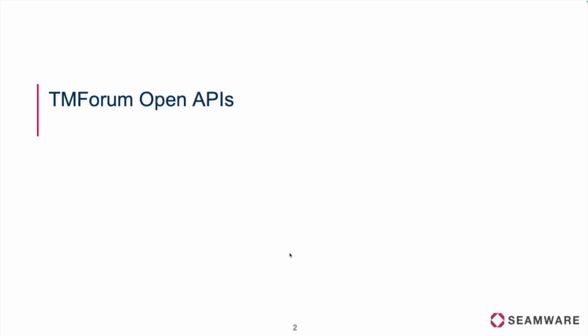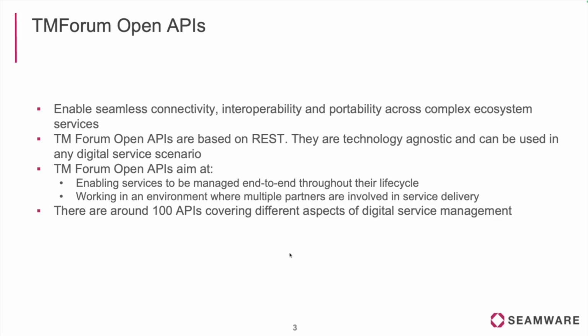Okay, let's start. First of all, what are the TM Forum Open APIs? The TM Forum Open APIs are a standard set of APIs that has been defined by the TM Forum organization. The idea of these APIs is that they enable seamless connectivity as well as interoperability across different ecosystems of services.